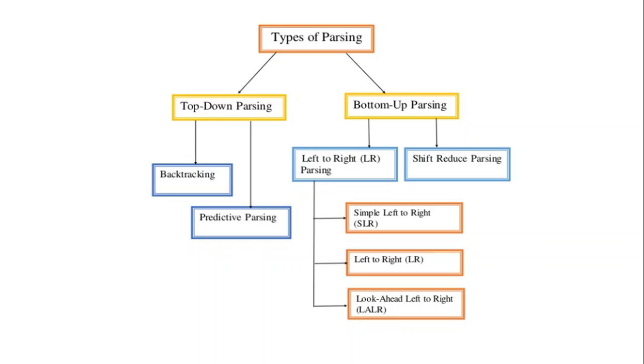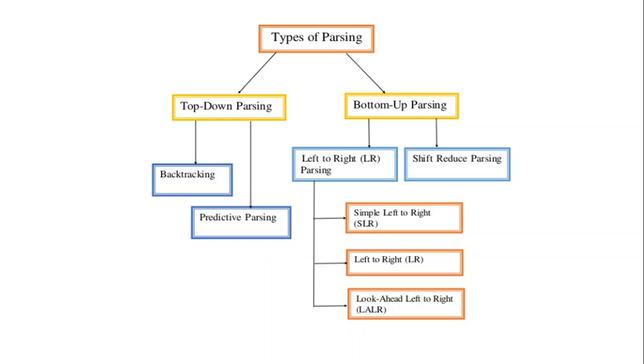TDP with backtracking means top-down parsing with full backtracking. Then we use a technique called the brute force technique. When we need to solve backtracking, we use the brute force technique.